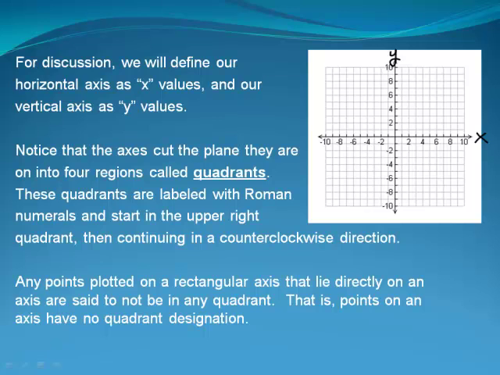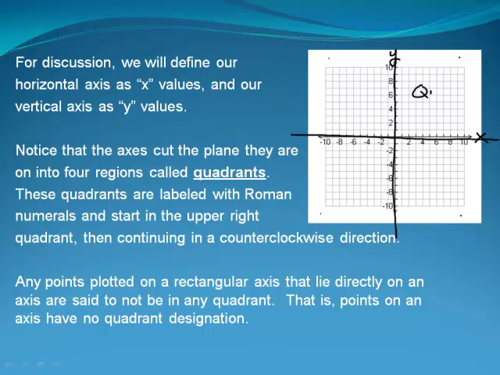Okay, so if we look at the rectangular coordinate system up here to the right, again, notice that these axes, the x and y axes, cut our plane into four sections. There's one here, one here, one here, and one here. We're going to number them with Roman numerals starting in the upper right-hand corner.